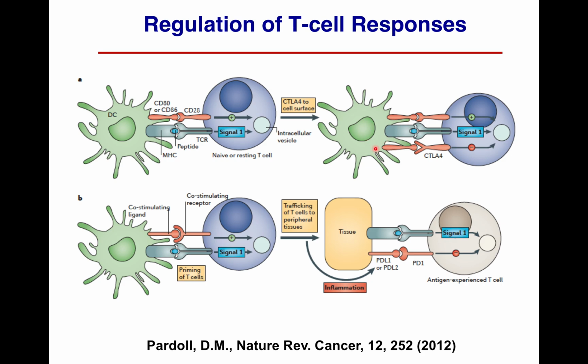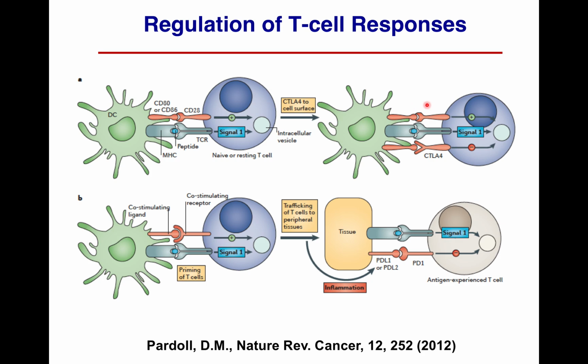Sorry, it's the other way around. As you get an activation of the T cell, what you end up getting is the CD28. CTLA4 is being produced by the T cell, as you can see here. And what it does is it's a negative signal.